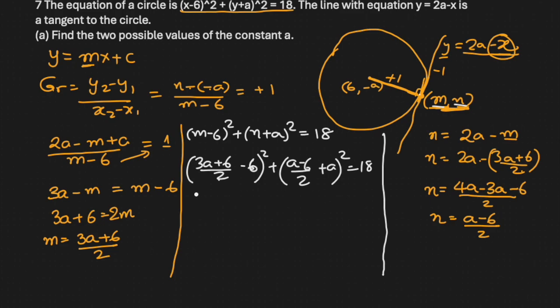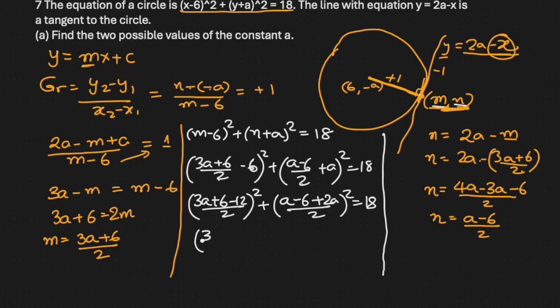So 3a plus 6 minus 12 over 2 squared plus a minus 6, 2 multiplies here, 2a plus 2a over 2 squared equal to 18. So this becomes 3a minus 6 over 2 squared plus a plus a. Okay, they become exactly the same.